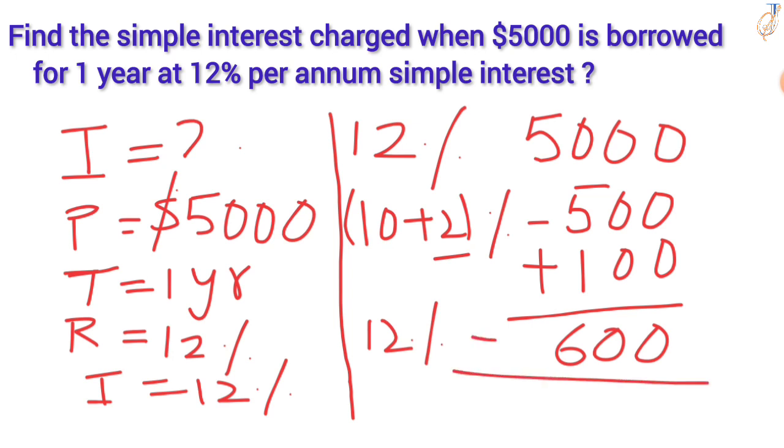So you also find only the interest. This interest, here no need to add to the principal. When you add this interest to the principal, you will get the amount. But here they are not asking the amount. They are asking only how much is charged for this principal 5,000. So according to the question, you have to give your answer.